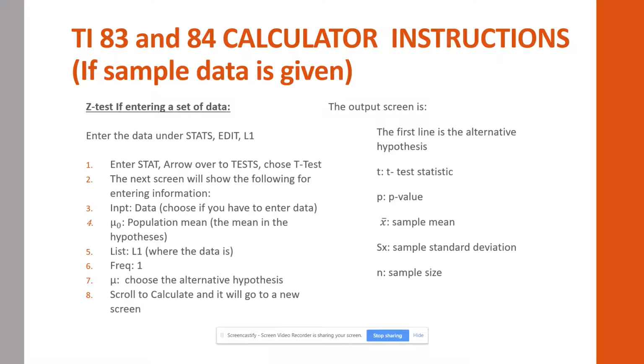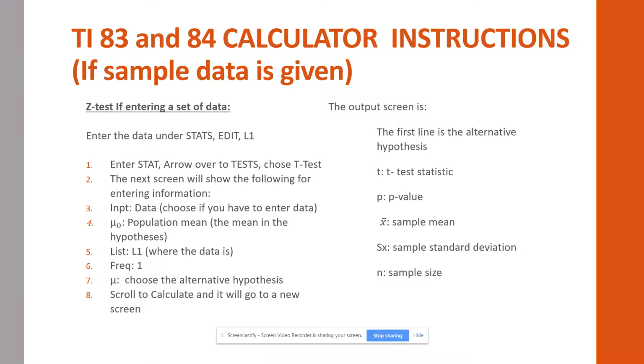So I've entered my data, and then I'm going to go over to stats, test, and t-test. It's right under z-test, so make sure you don't get the two confused. So you're going to go to input, data, and you're going to choose data. You're going to do population mean, list is L1, frequency is 1, and you're going to choose the alternative hypothesis.